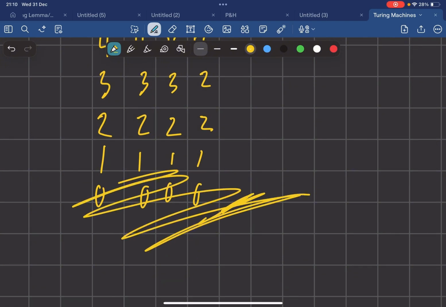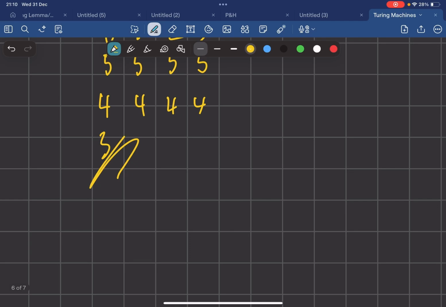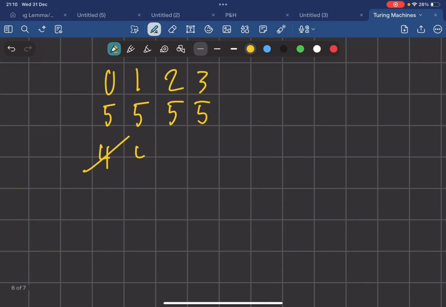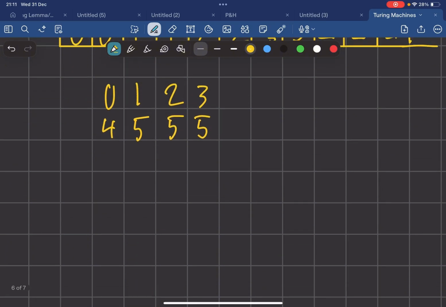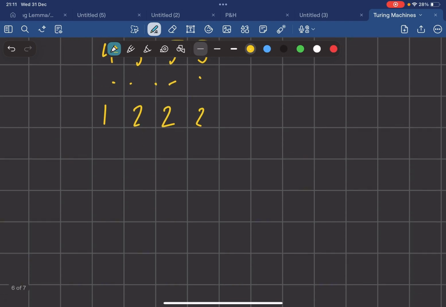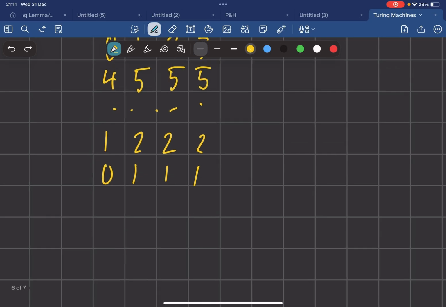If, for example, one of them was more than the others, so let's say there were fewer zeros than all the other characters, then as we keep removing, we'll eventually reach this situation. Then we pass through one more time, we get 0, 1, 1. What happens here is that we have no zeros on the tape and one of each other character.